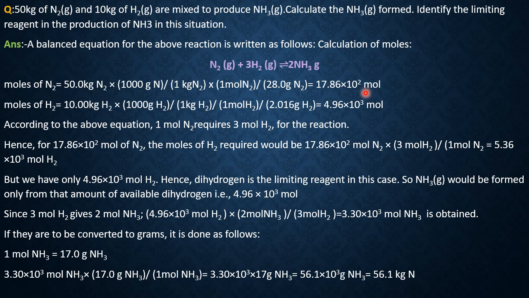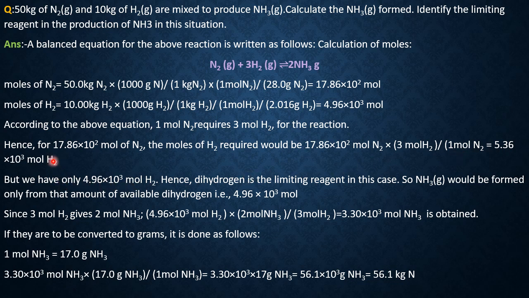The equation says hydrogen required is 3 times that of nitrogen, so multiply 17.86 into 10 to the power of 2 by 3. The answer is 5.36 into 10 to the power of 3 moles of hydrogen.